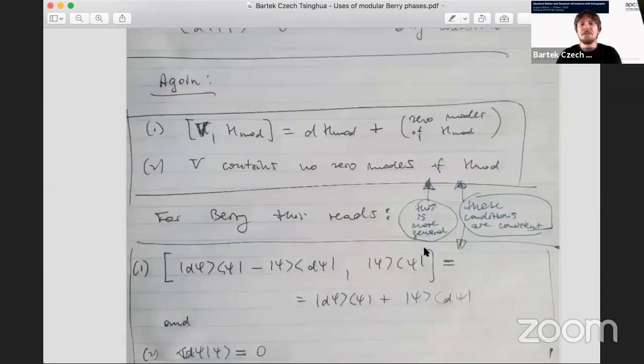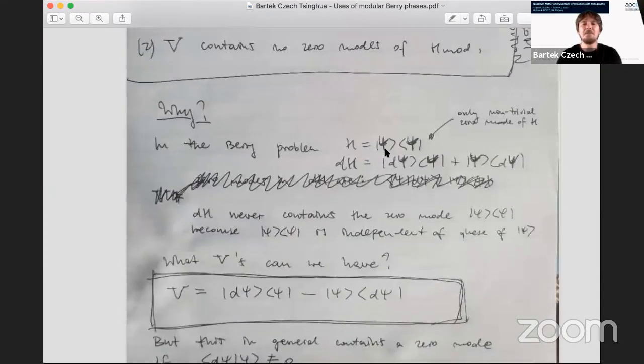If you take, in the Berry case, like I said, the Hamiltonians are psi. And if I change it into psi plus d psi, psi and psi plus d psi, they don't commute. Right. The modular Hamiltonians never commute.